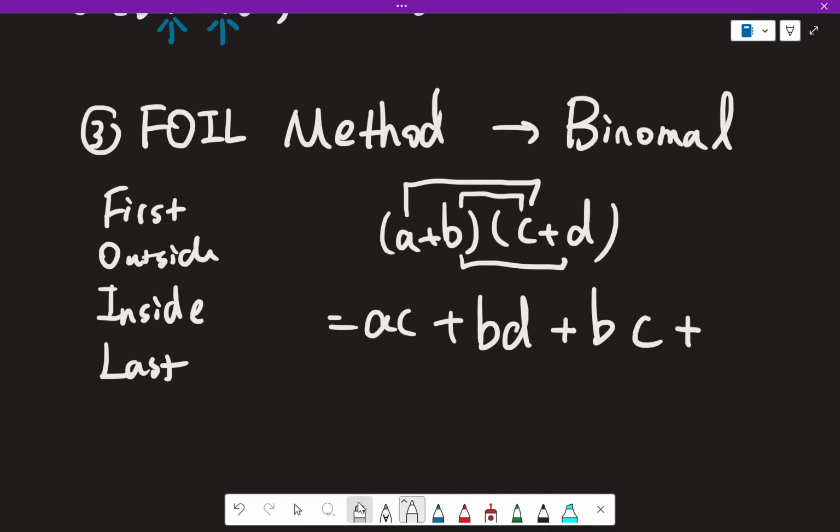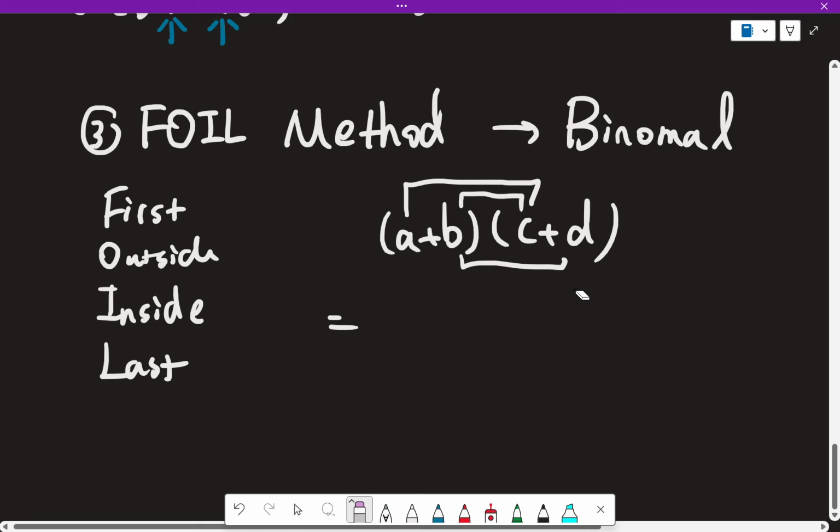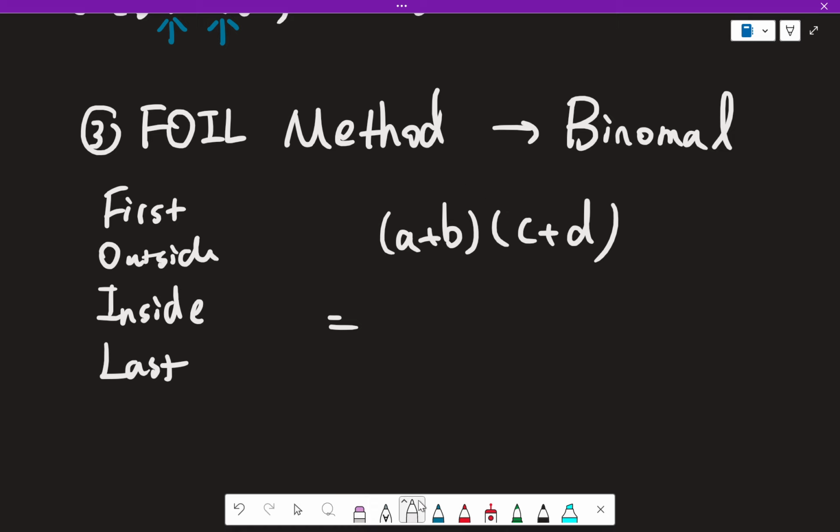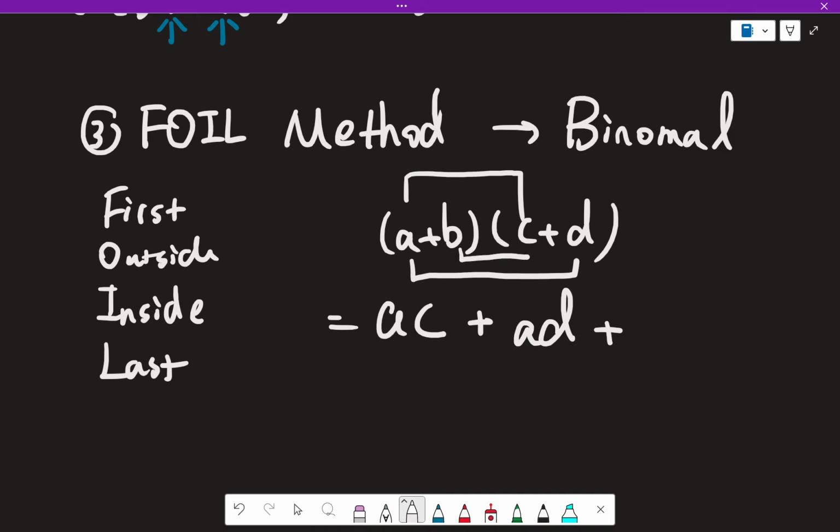Oops. Sorry. Let's do this again. So, first, the first two terms, AC, outside is the outside of these two brackets, which is AD. Inside is the inside of the two brackets as a whole, right here. So BC, plus last, which is the last terms of the two brackets, which is BD. So (A plus B) times (C plus D) equals AC plus AD plus BC plus BD.